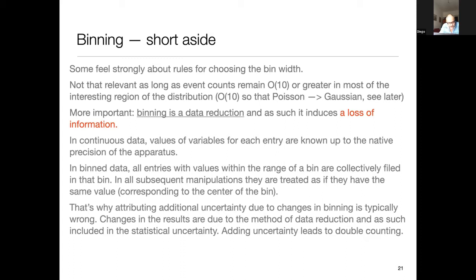What is important conceptually is rather to understand that every time you bin a distribution, you're losing statistical information, because you lose the detail of whether an observation was in the middle of that bin or to the right or to the left. You're just treating all the events in a bin equally. And this amounts to a loss of statistical information.